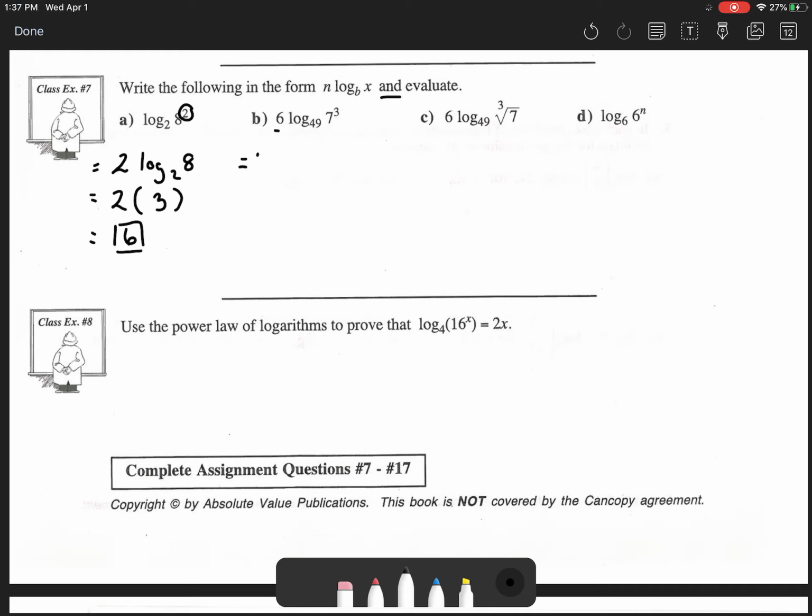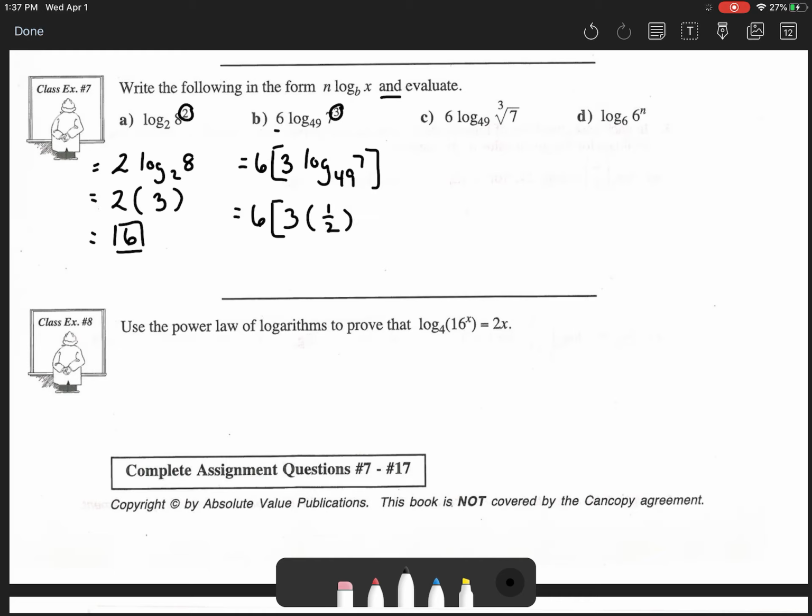Now in the next one, I have a 6 that's already in front, so I'm going to put the 6 here. And then inside the bracket, I'm going to take the 3 and put it down here. So 3 log base 49 of 7, like so. So what happens here is I have the 6, I have 3, and log base 49 of 7.